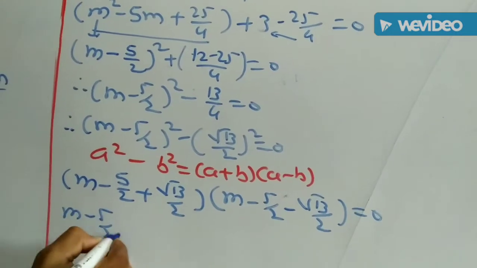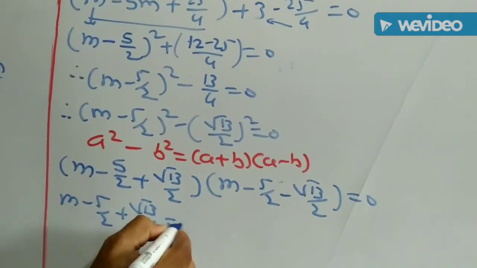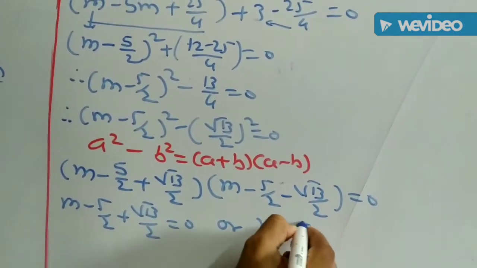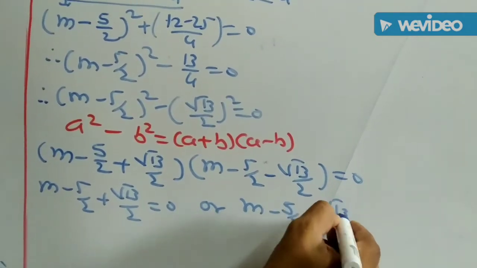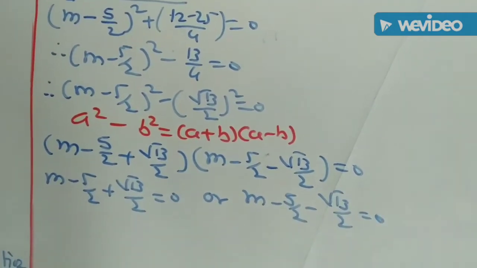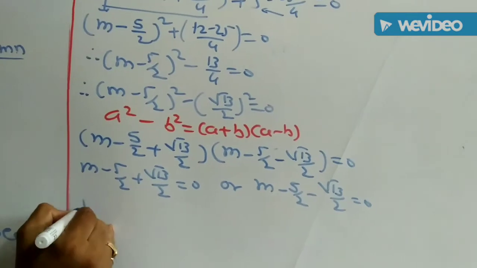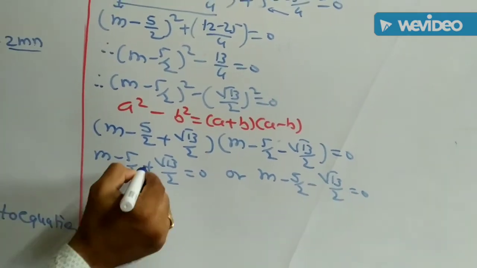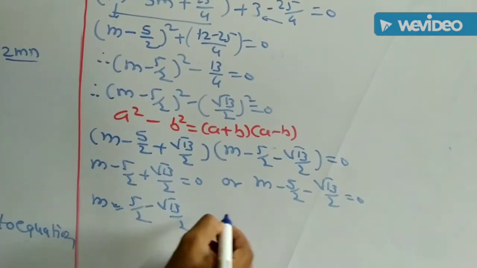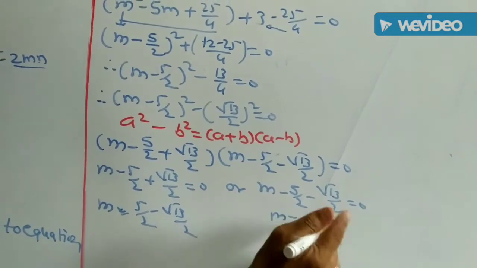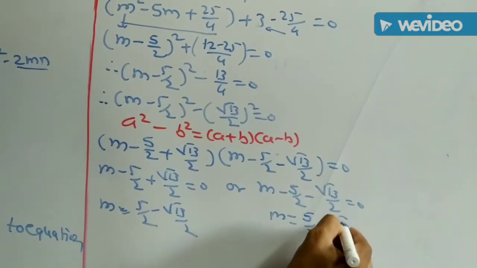Now m minus 5 upon 2 plus root of 13 upon 2 is equal to 0, or m minus 5 upon 2 minus root of 13 upon 2 is equal to 0. Now minus gets converted to plus and plus gets converted to minus. Here both minus terms get converted to plus.